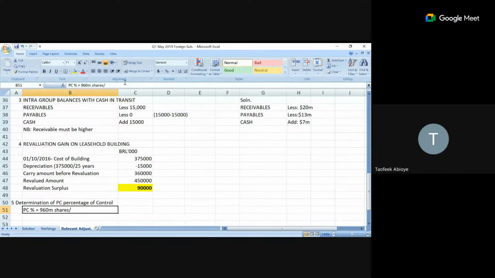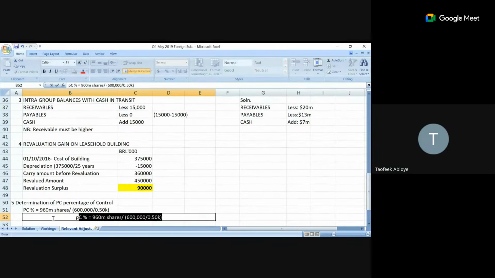Thank you. However, the nominal value is 50 kobo. Please, let's remember, the nominal value is 50 kobo. So what are we going to do? Let's open a bracket. This will be 600,000, that is the share capital, divided by 0.50 kobo. So divided by 50 kobo, it will be 1.2, right? So 960 divided by 1.2. Thank you.